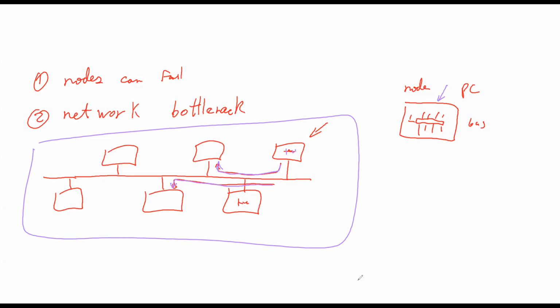All right. So that's the second element, that the network is now a bottleneck. Okay. So you have to also think about that when you're doing this analysis.